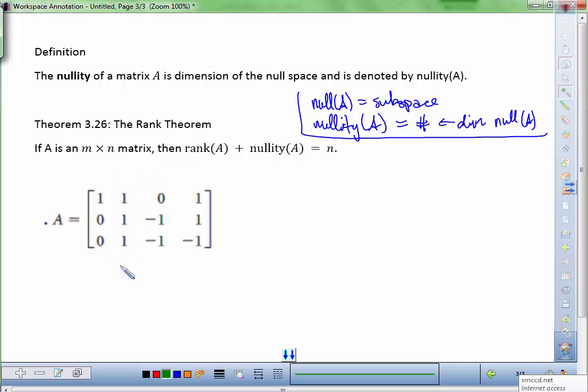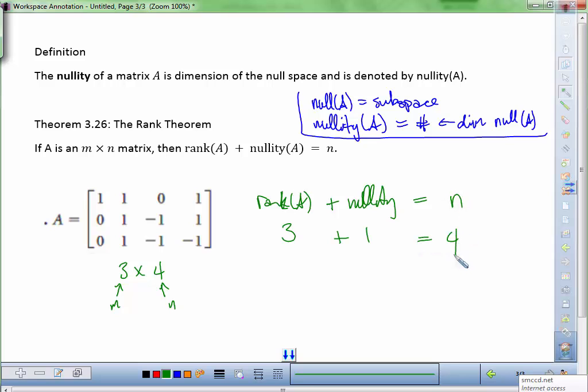So this is a 3 by 4 matrix. Your m is 3, your n, the number of columns, is 4. The rank is 3, the nullity, remember that it had one vector in the null space, and so this should equal n, which in this case is 4.